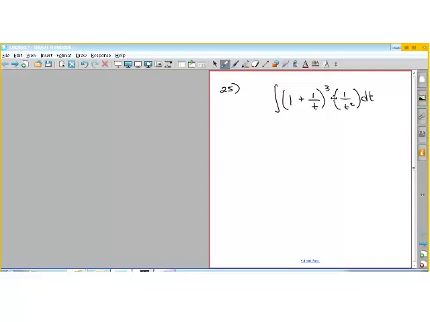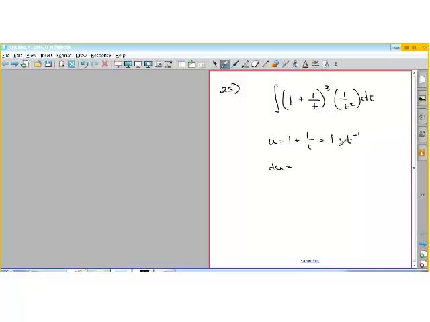Okay, we have two terms that are in parentheses, but this is the more complicated one because it has two parts to it. So I'm going to call u as 1 plus 1 over t. So du, well, before we do that, let's rewrite this as 1 plus t to the minus 1 power.